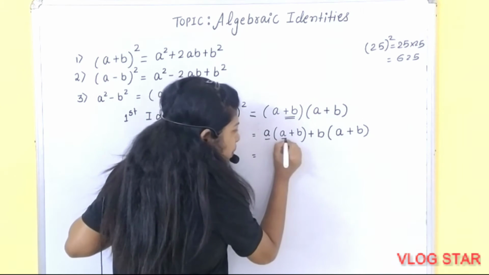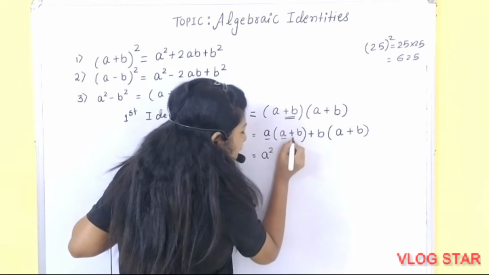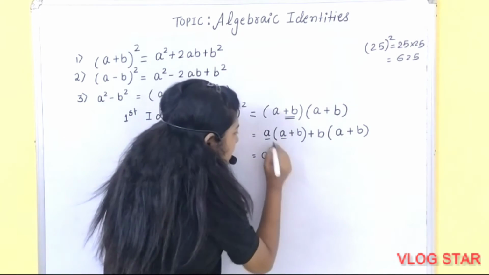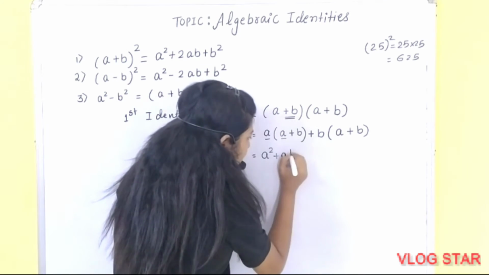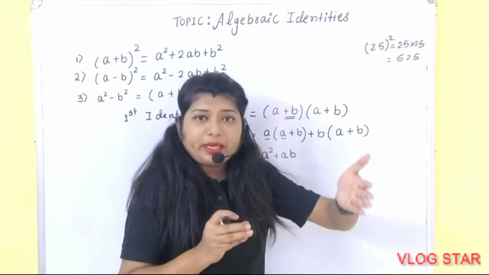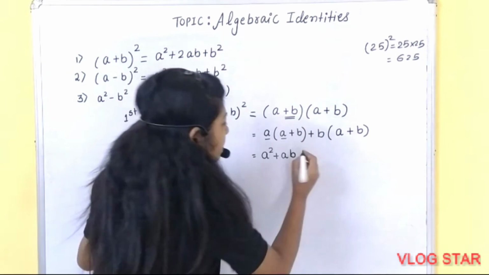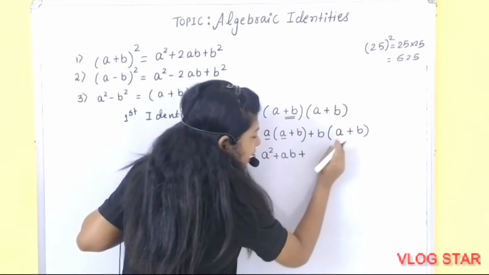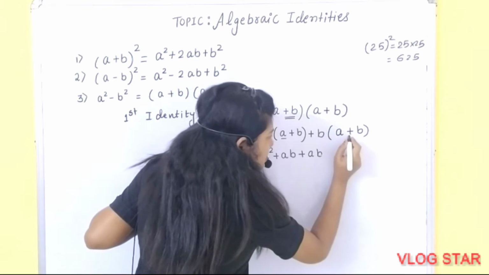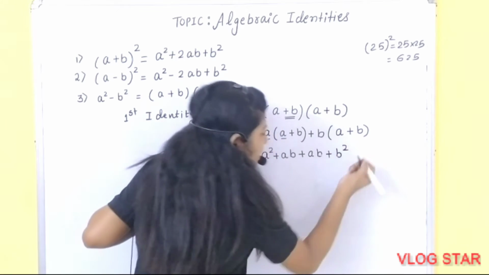So a into a becomes a square, a into b, with plus into plus being plus, is ab. If you don't know the basic concept of addition, subtraction, multiplication, kindly watch my previous video. Plus b into a, which is ba or we can write ab, plus into plus is plus, and b into b becomes b square.